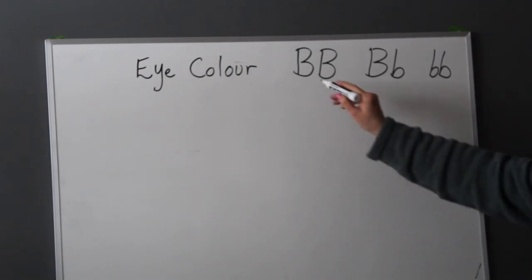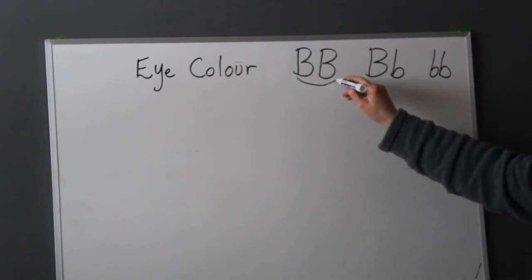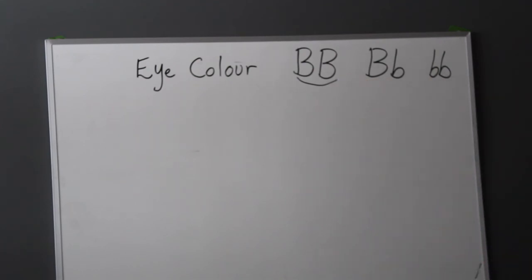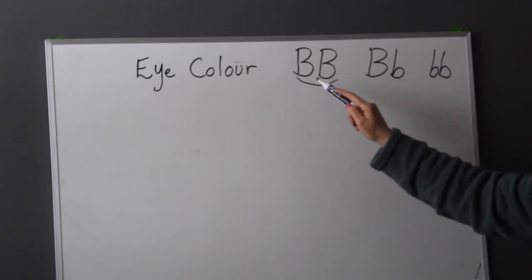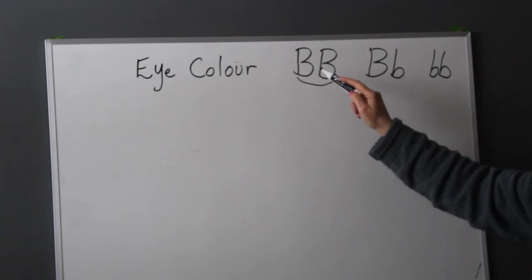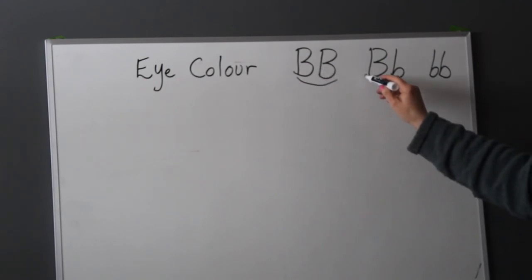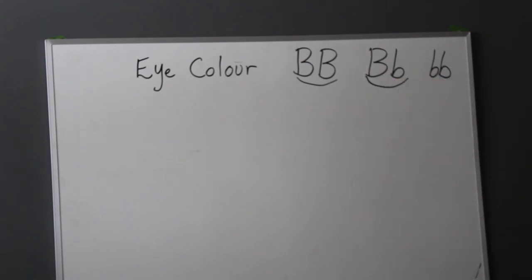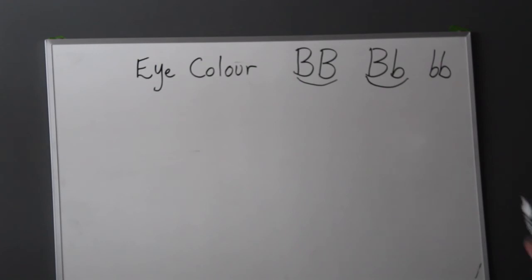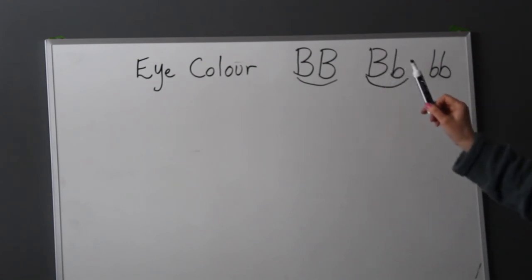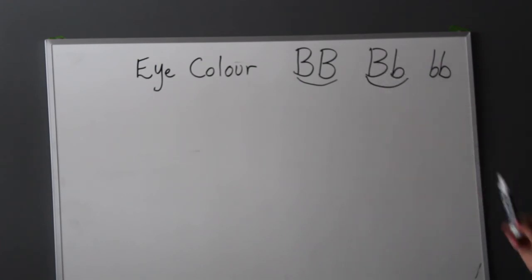Okay, so a person could be homozygous dominant, meaning they could have the same dominant alleles and have brown eyes. You could be heterozygous and have one allele from each. Like you could have got a brown-eyed allele from your mom and a blue-eyed allele from your dad.